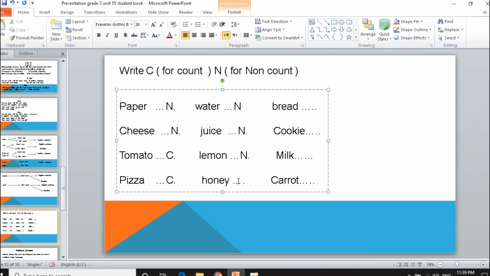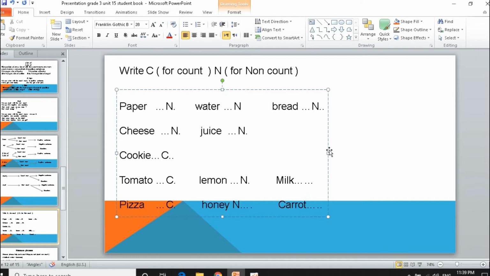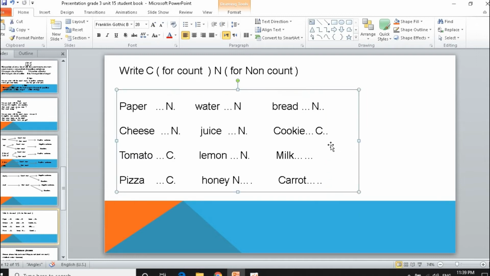Honey, non-count. Bread, non-count. Cookie, count. Milk, N. Carrot, C, count noun. Next slide.